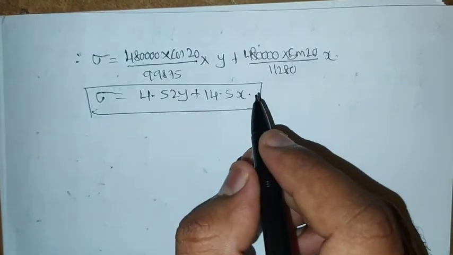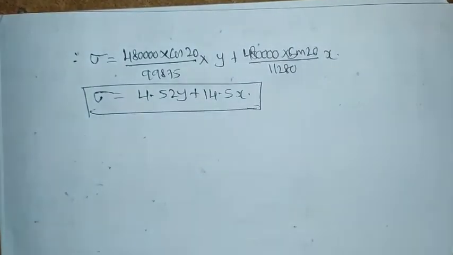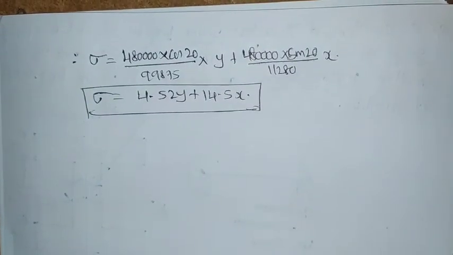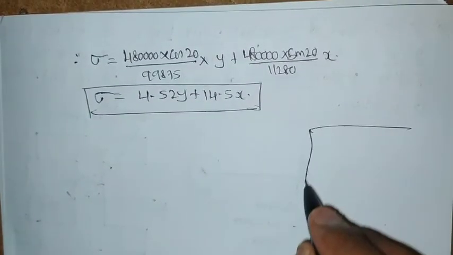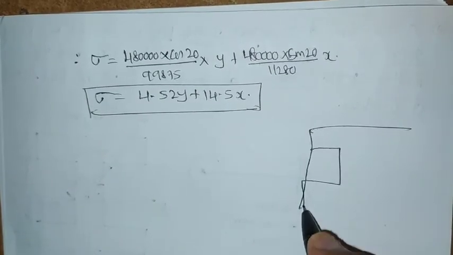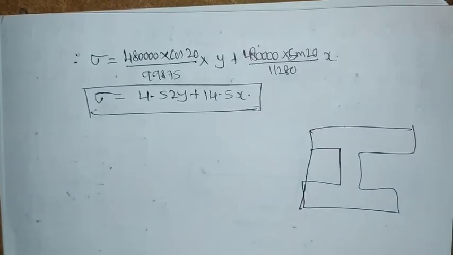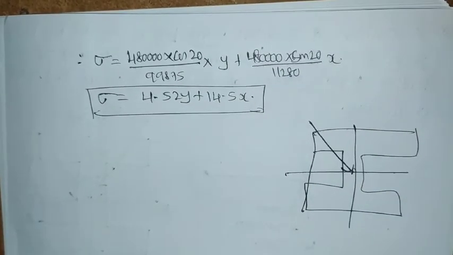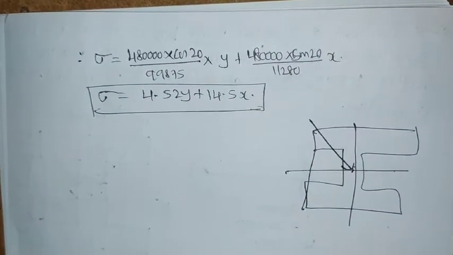So from this we have to find out the maximum stresses. If I consider this I section, the load is acting in this way. In the problem he has given the load is acting in this way.